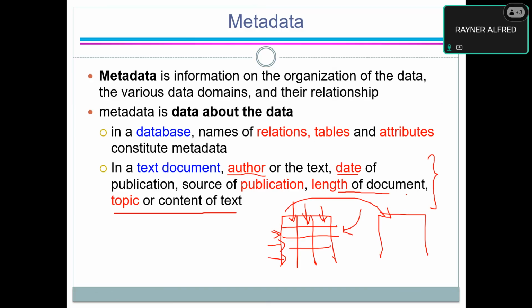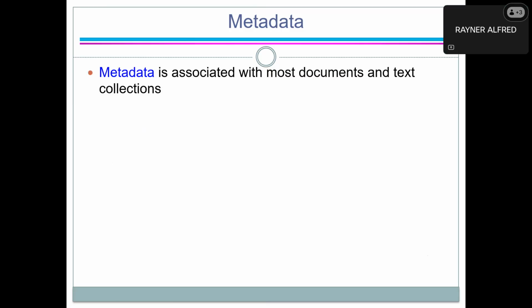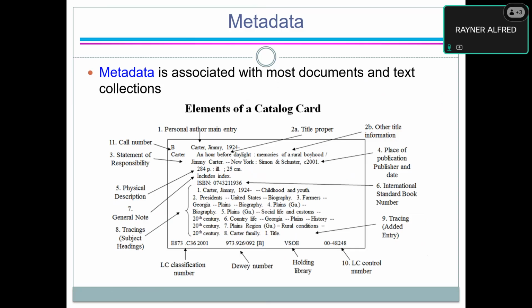So when we look for certain document, whether we type the author or we type the topic or the content of the document. So metadata is associated with most document and text collection in terms of this.